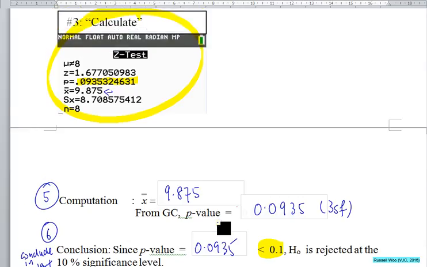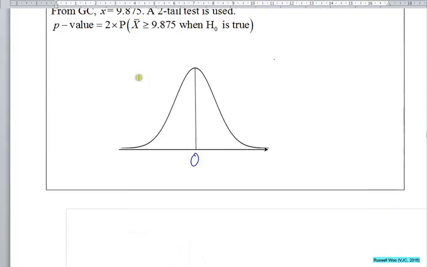My calculator actually helped me calculate my normalized z value, which is 1.677. So my observed value is 1.677. This is observed. This is my z.